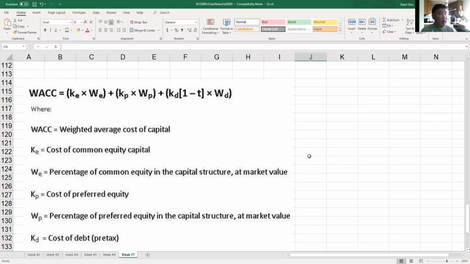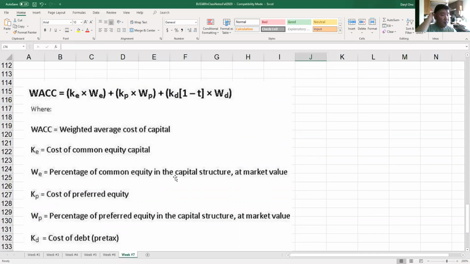And then over here, cost of debt times 1 minus the tax rate times the weight of debt. WE plus WP plus WD must be equal to 100%.